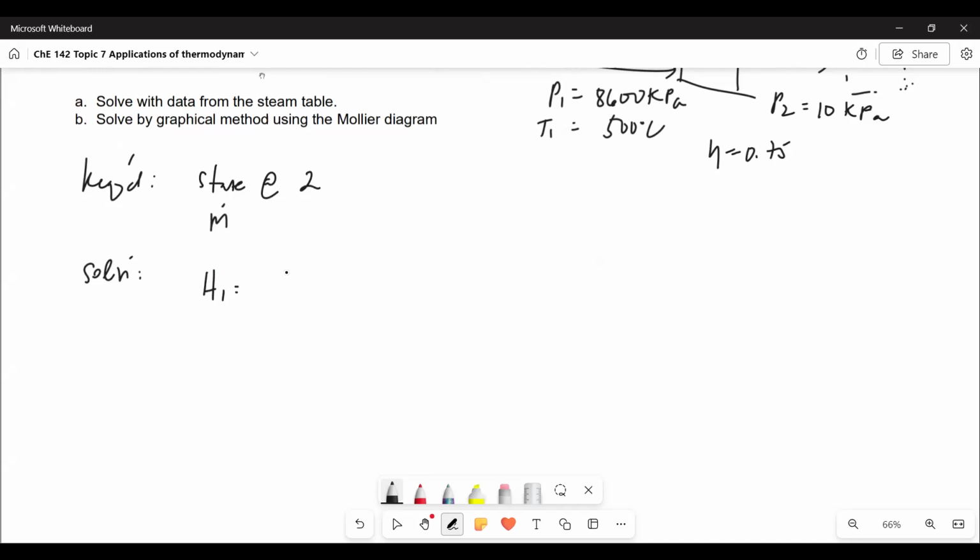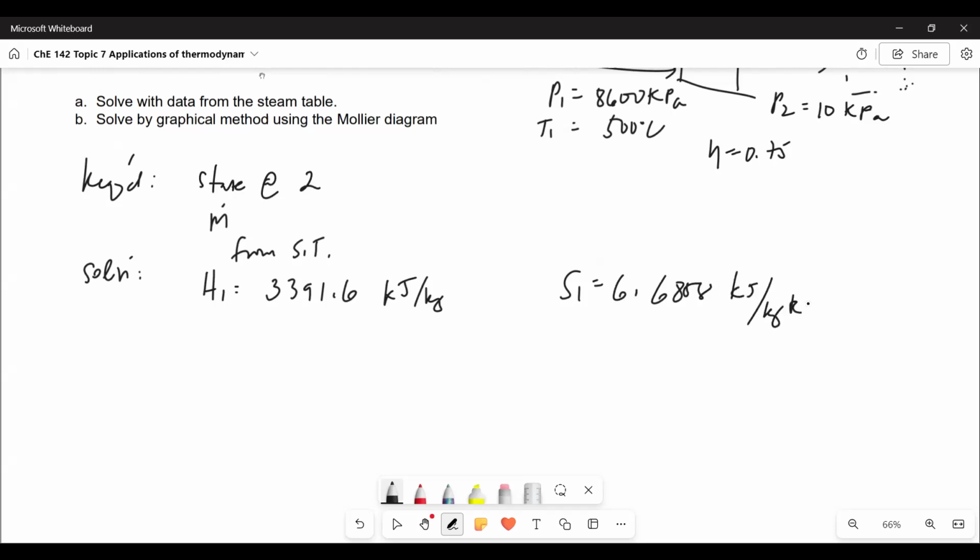The two properties, enthalpy and entropy, are important to us in the calculations for steady state devices or flow devices. So from the steam table, H1 or the enthalpy at the inlet is that kilojoules per kilogram. S1, entropy at the inlet, kilojoules per kilogram Kelvin.